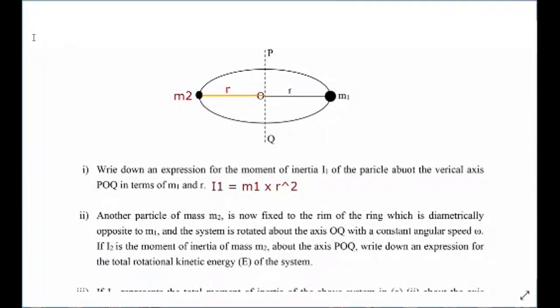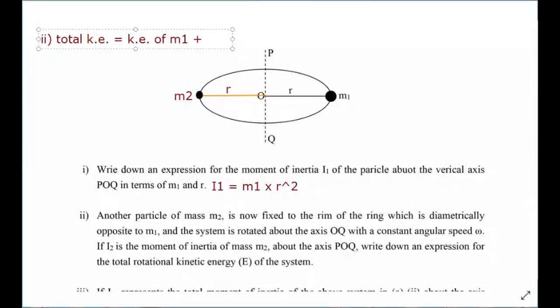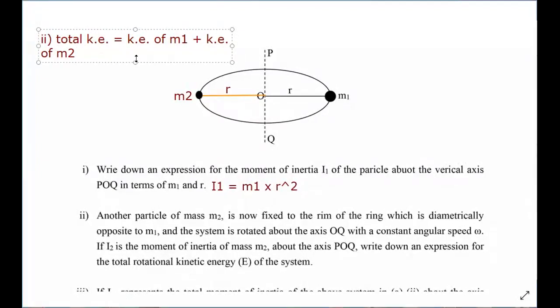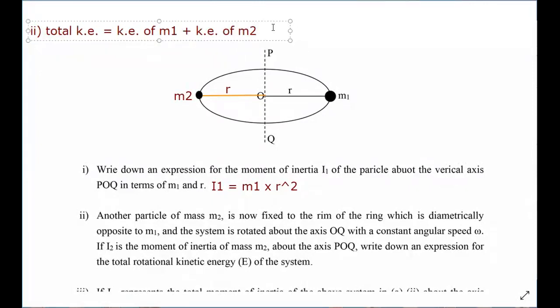I'm talking about Roman number 2. Total kinetic energy means the summation of the kinetic energy of M1 plus the kinetic energy of M2. Am I right? Yes, sir.